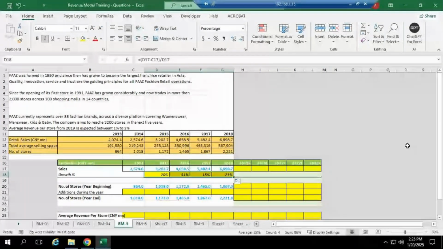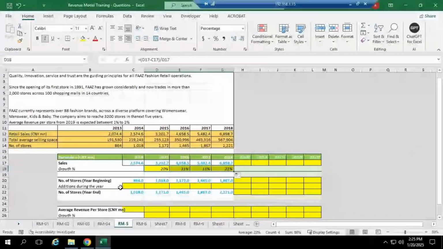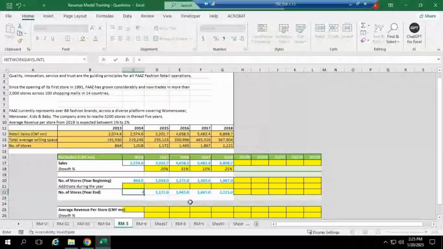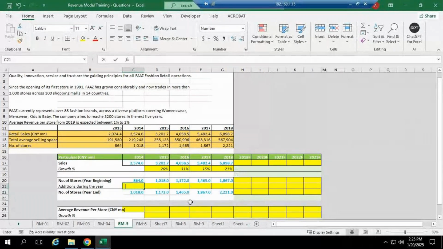So now after that, additions during the year. Actually the total number of stores they have given you here. So this one we have to minus this. How many additions they have done in 1 year is equal to the number of stores at the year end minus the number of stores at the year beginning, and then press enter. 154.